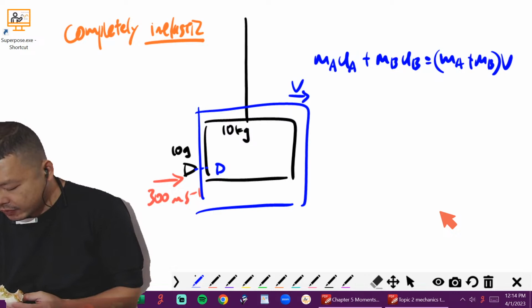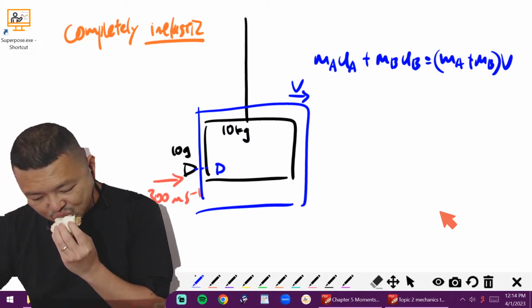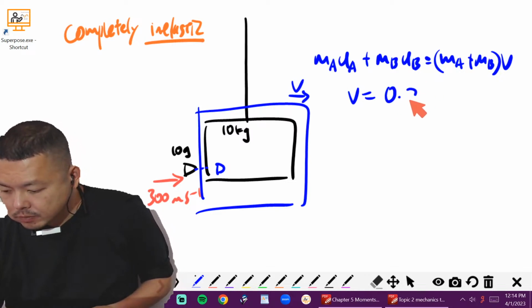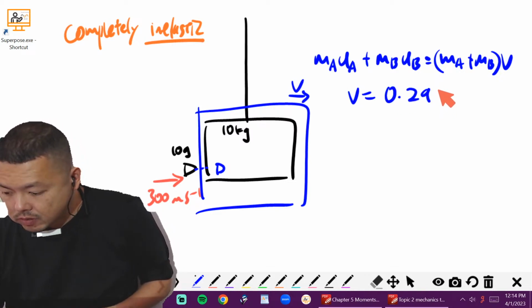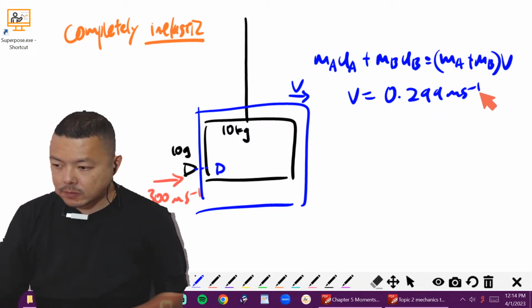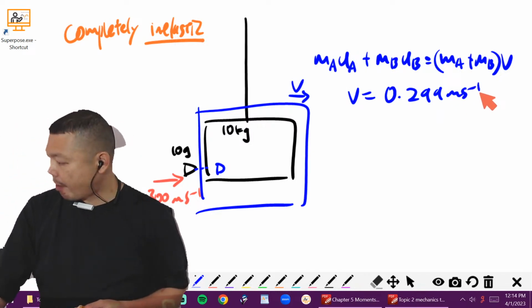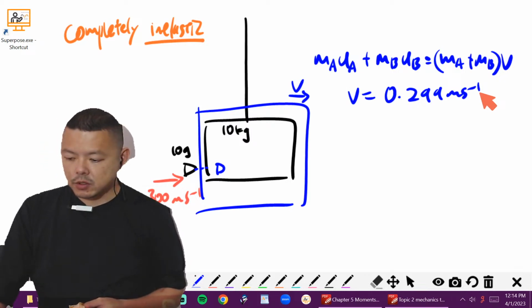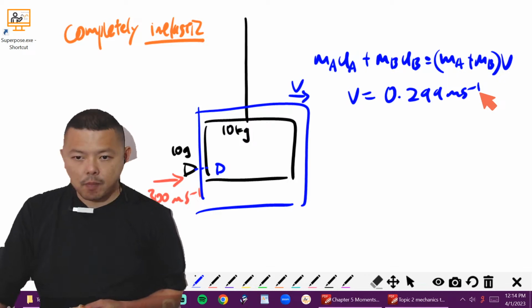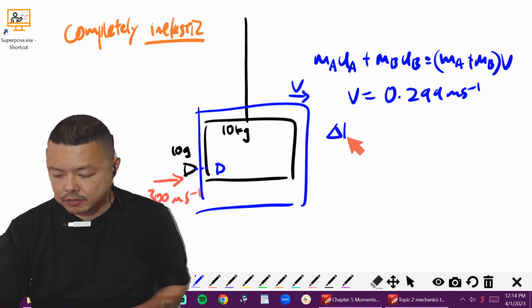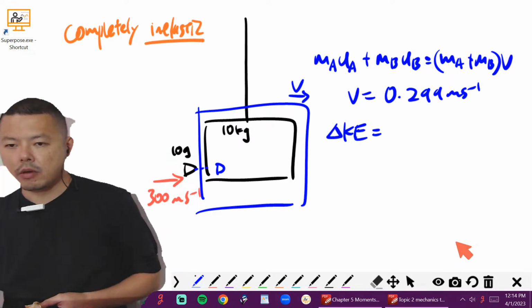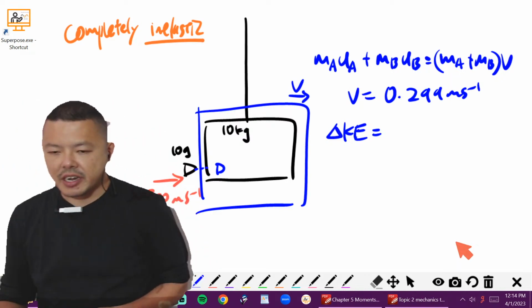Have you found the final velocity? 0.299 meters per second. Ian, did you get the value? 0.299 meters per second, everyone? Okay. I want you to calculate the KE lost. How much KE was lost in this process? Since you know it's a completely inelastic collision, KE is lost.